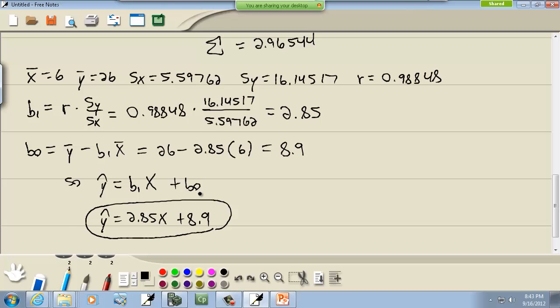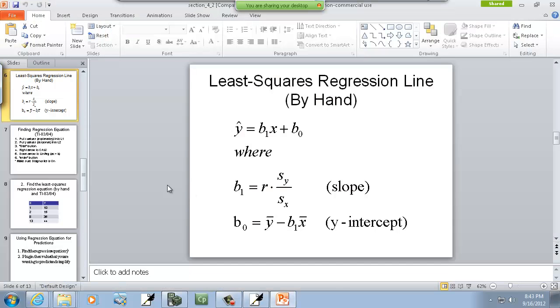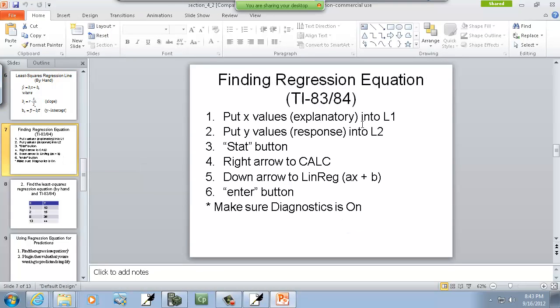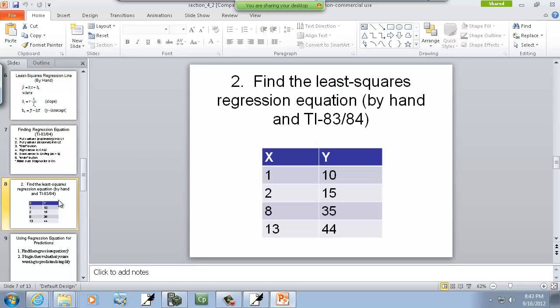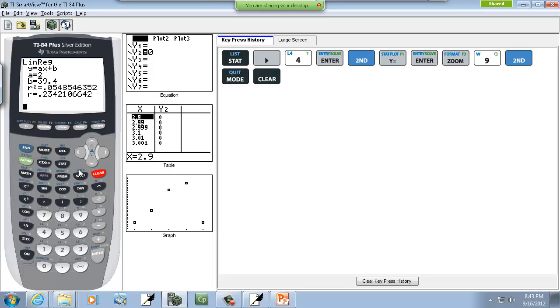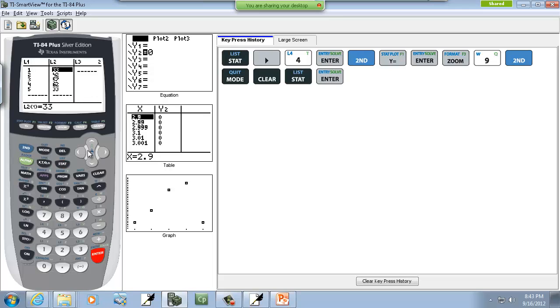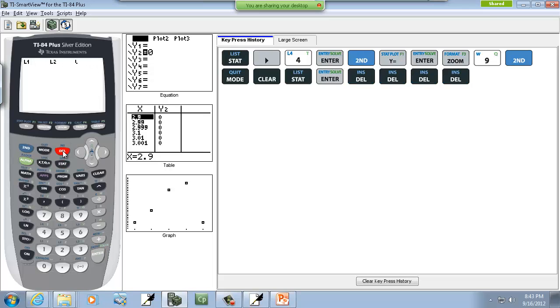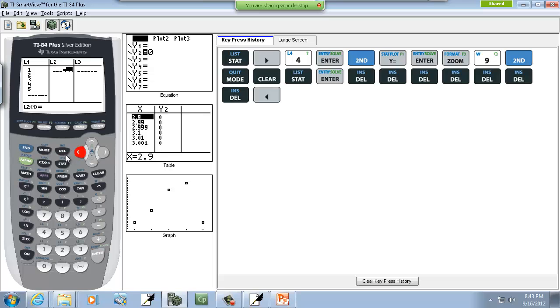Well, let's do this on the calculator, which is where you should be doing it. Here's going to be our steps. Put your x values into L1, put your y values in L2. So let's do that first. Go over here, I'm going to exit out of that, the second mode. Clear, press stat, do enter on edit. I'll press delete a few times to clean out those numbers.